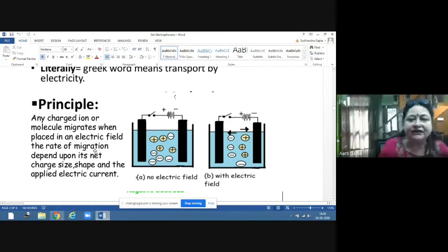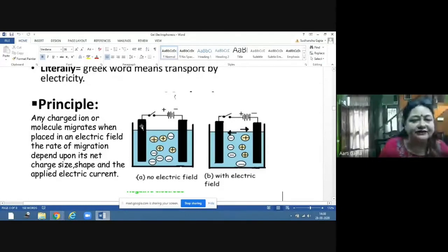Any charged ion or molecule migrates when placed in an electric field. The rate of migration depends upon its net charge, size, shape, and the applied electric current. So these are the four things on which the movement depends.